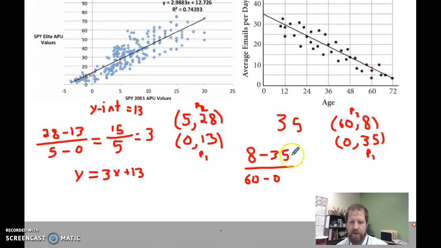If I do my subtraction, I'm going to have negative 27 over 60. And that's pretty ugly. I can simplify that.